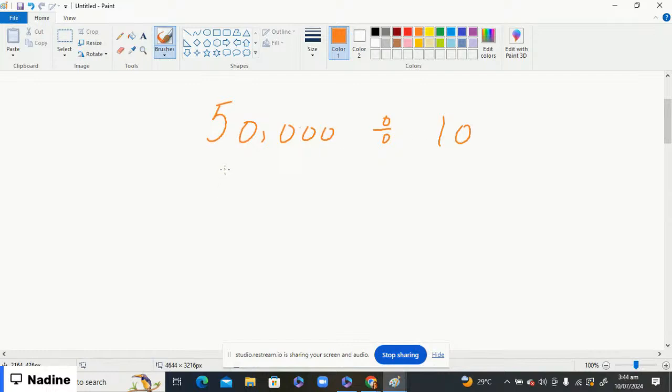So 50 divided by 10 is 5. How many zeros are here? One zero is cancelled with this. So three zeros are left. Okay? Understand? Okay.